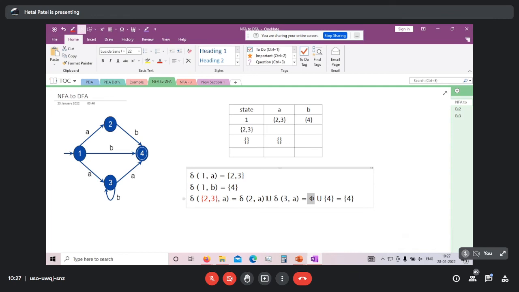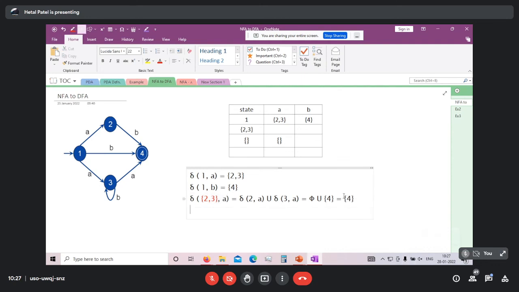Take the union of this with state 3 and input symbol A. State 3 with input A, we are reaching state number 4. So what is the final output from the new state? If we provide the input symbol A, we are reaching state number 4. Okay, so this is state number 4.